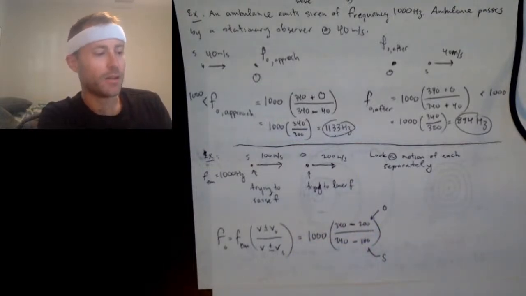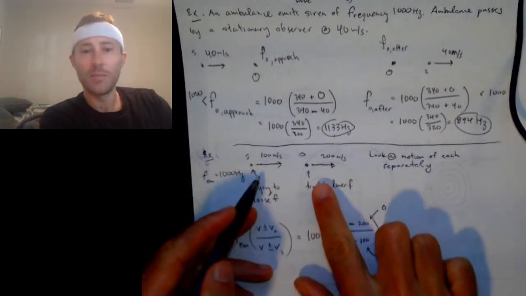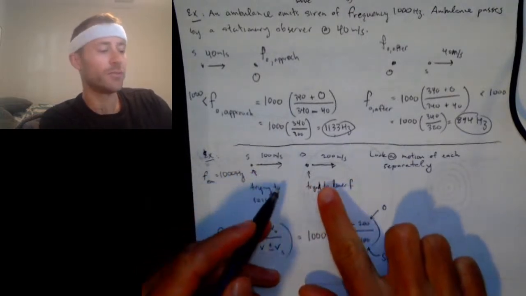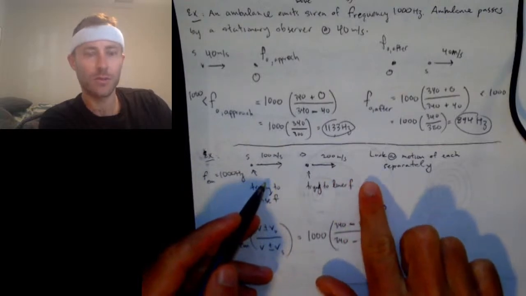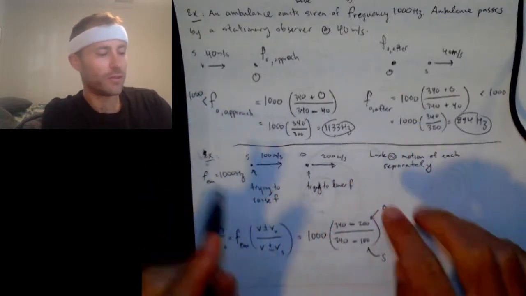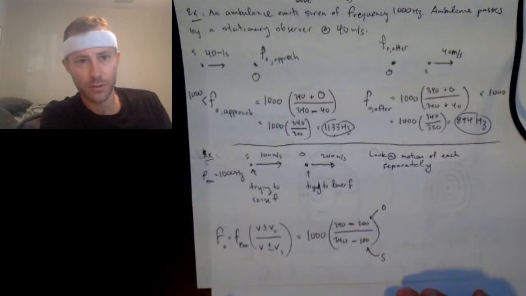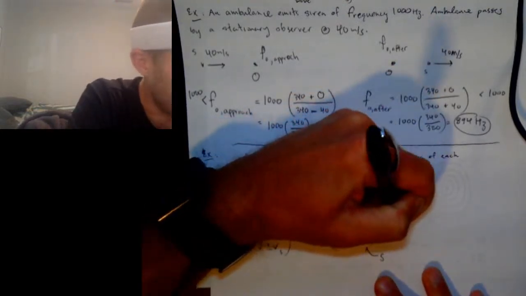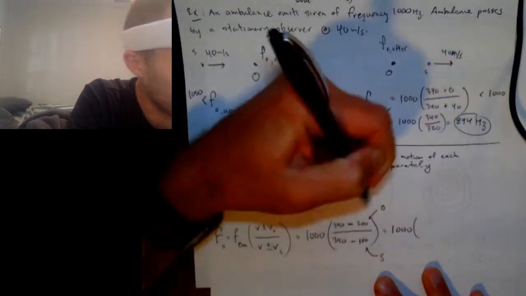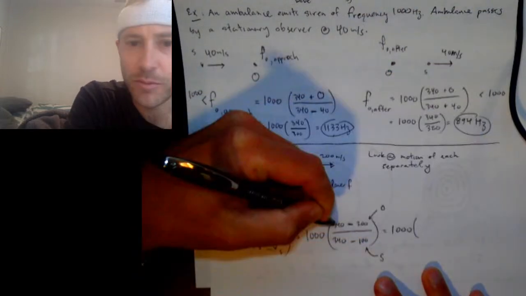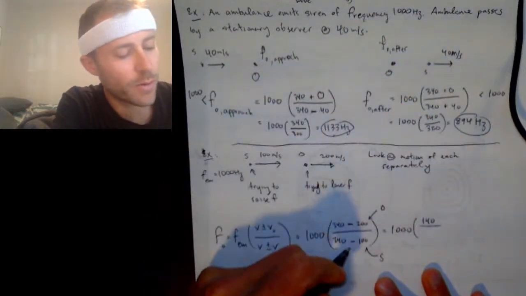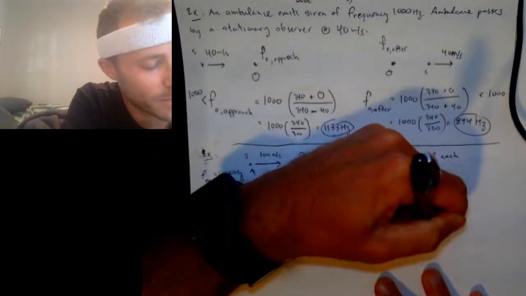Now, of course, they are going to be getting further apart, because the observer is moving faster than the source. So for that reason, this final answer is going to be less than 1,000, and we'll see that right now. So it's 1,000 times 340 minus 200 is 140, and then 340 minus 100 is 240.